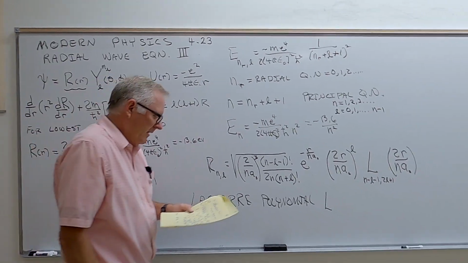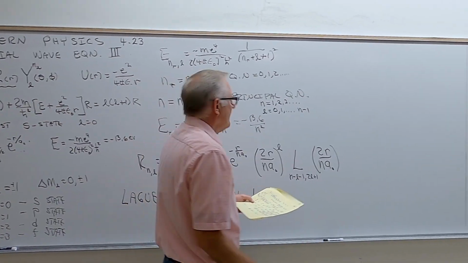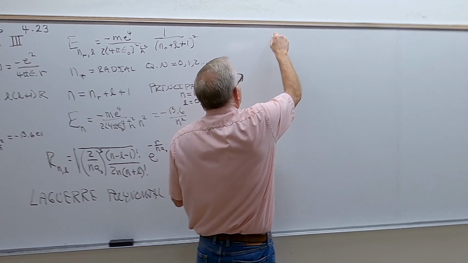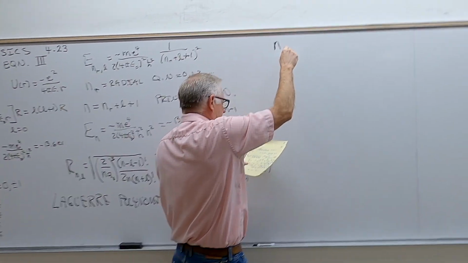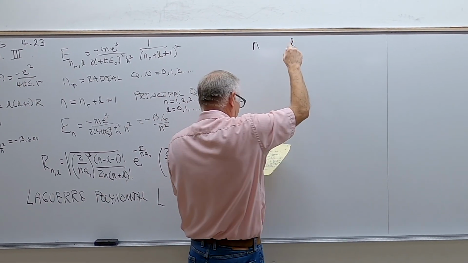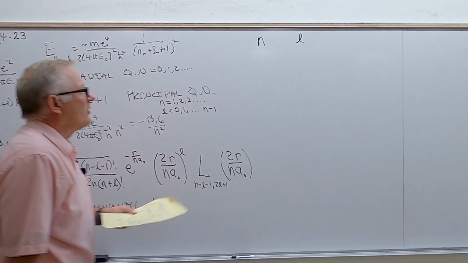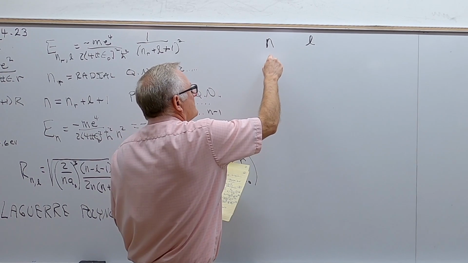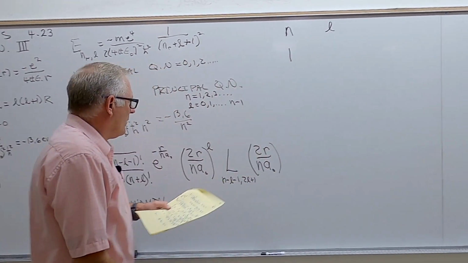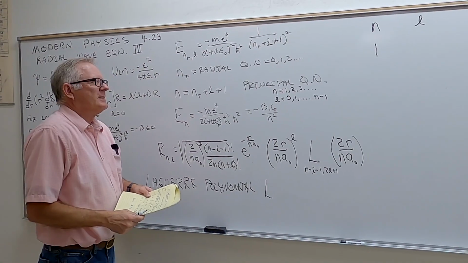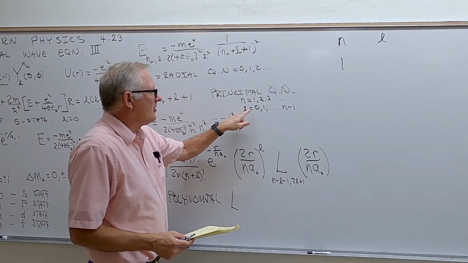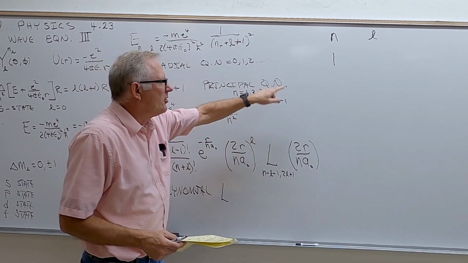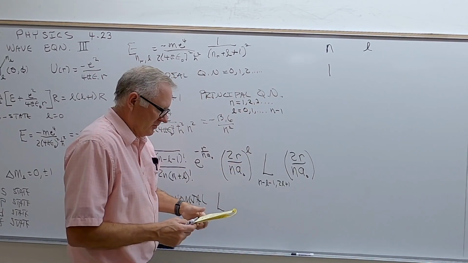So now, if we were to look at our states, let's just say we have n and l. For n and l, the lowest one for n is 1. Well, what does that mean l has to be? Well, l goes from 0 all the way up to 0.